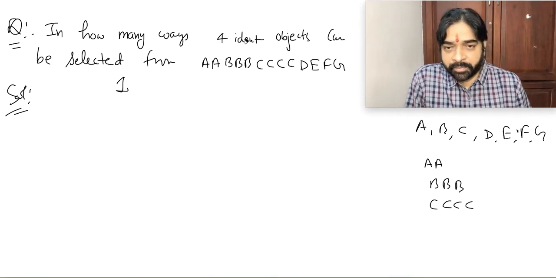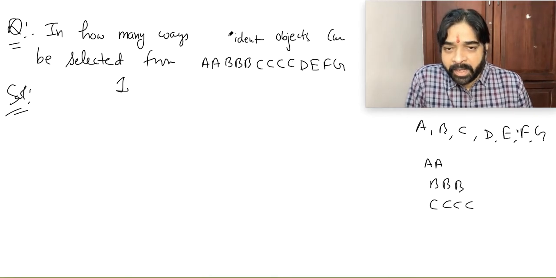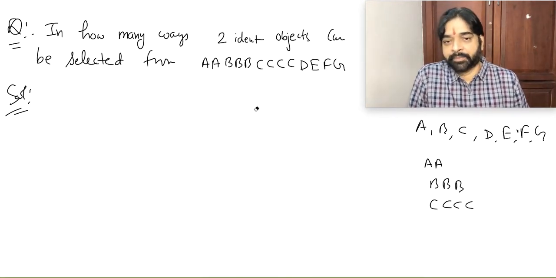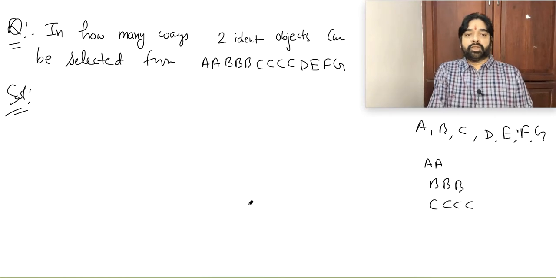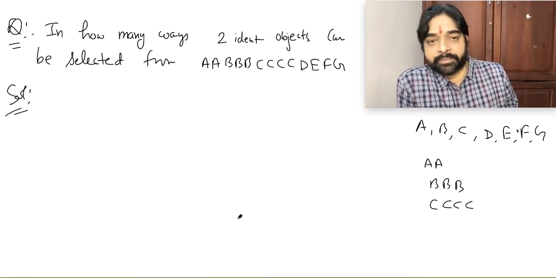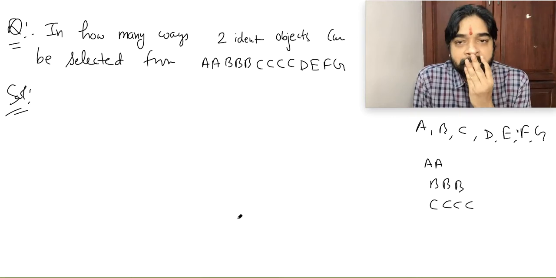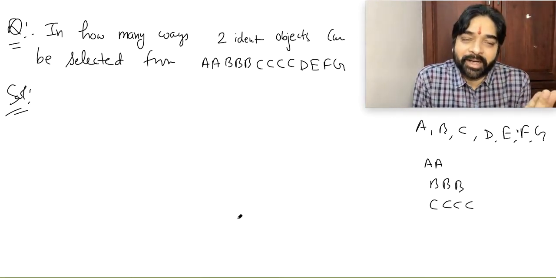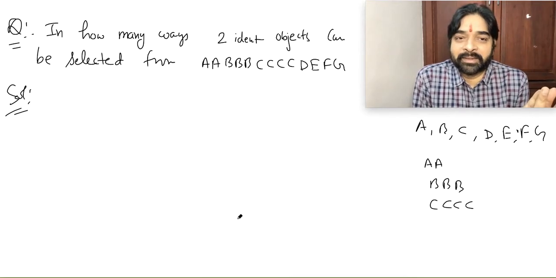Now, in how many ways can I get 2 identical objects? 2 identical objects. Do it manually. Forget about the mathematics. A non-mathematics person can tell the answer orally. Two identical objects.